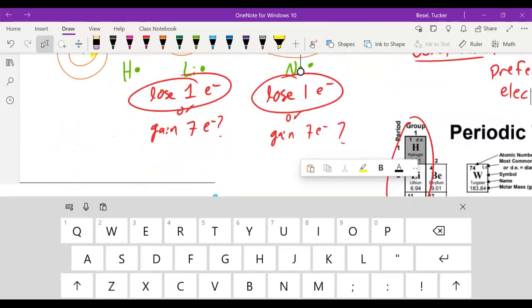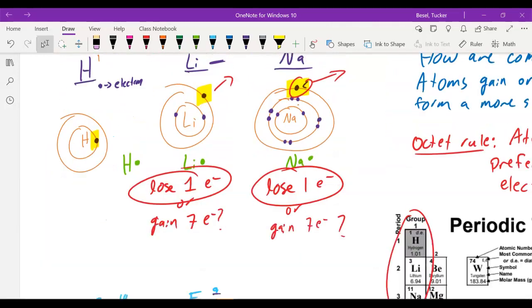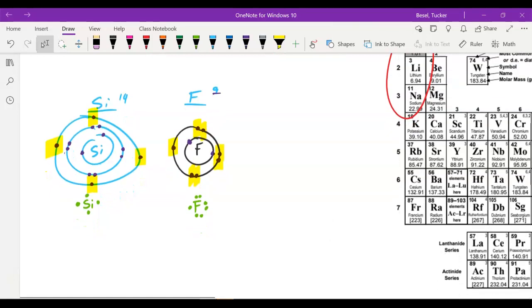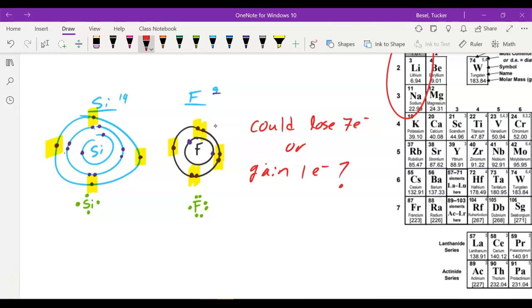So then let's look at fluorine here. Notice that this one has 1, 2, 3, 4, 5, 6, 7. So fluorine's choice is it could lose 7 electrons or gain 1 electron.